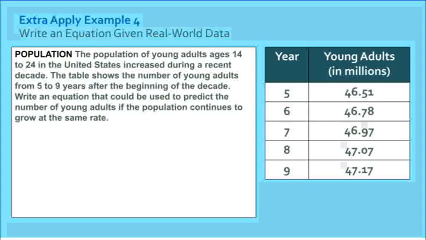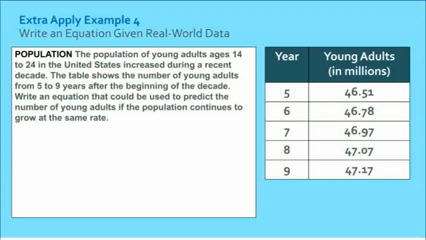Next one. The population of young adults ages 14 to 24 in the United States increased during the recent decade. The table shows the number of young adults from 5 to 9 years at the beginning of the decade. Find an equation that could be used to predict the number of young adults if the population continues to grow at the same rate. So the first thing we need to do is find the rate of change from this year to this year.